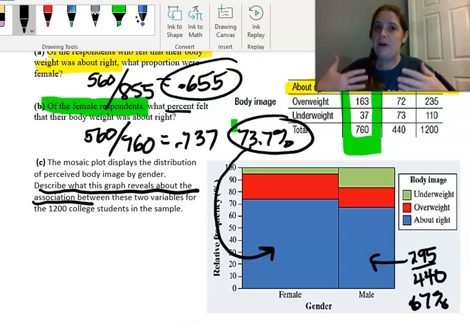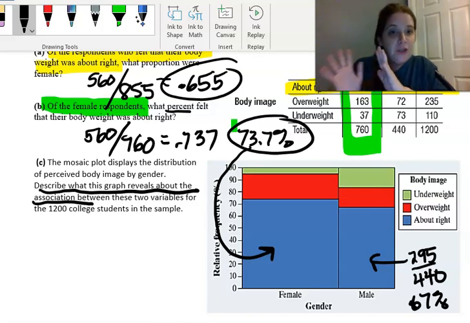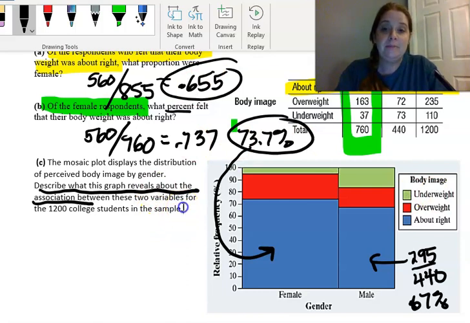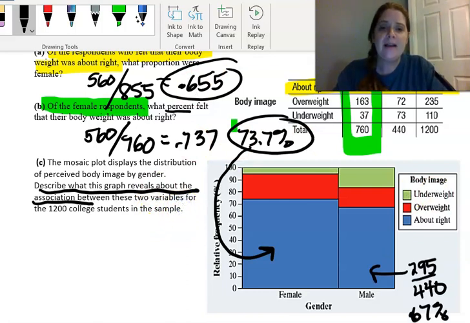All right, so I'm going to start off, and I'm going to say this the same way that we've been saying it. What are my variables? Gender and body image.